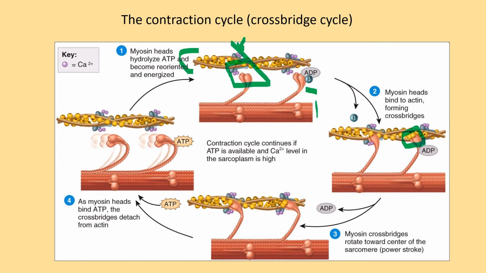All right. The new thing that you don't yet know is that the contraction cycle involves ATP. And ATP binds to the myosin head. The myosin head includes an ATPase. What does an ATPase do? It cleaves, or breaks apart, a molecule of ATP.